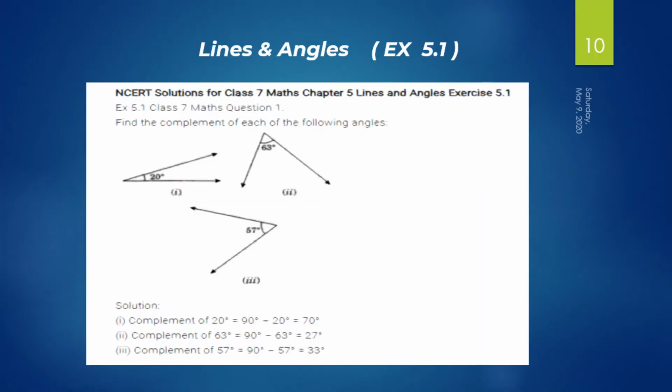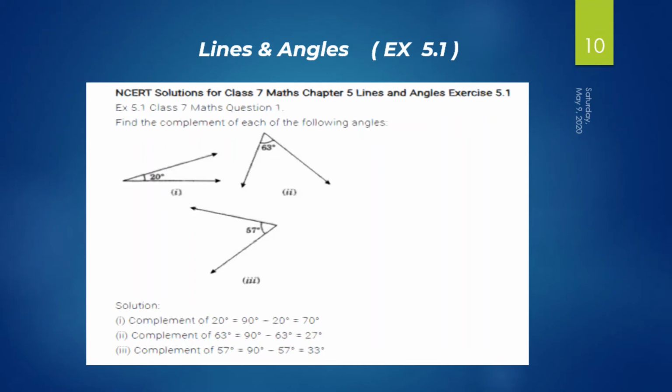Now we are going to solve exercise 5.1, whose first question is: find the complement of each of the following angles. They have given us figures 1, 2 and 3, as you can see on the screen. You have to write the complement of each angle marked on every figure.